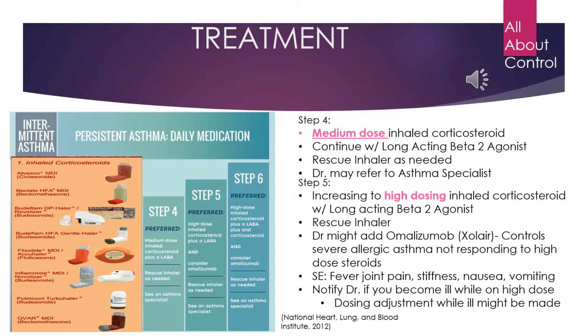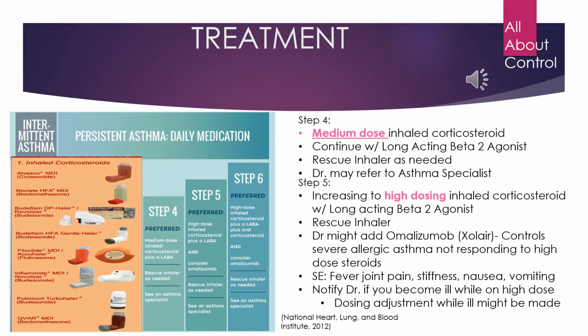Then moving to step 5, again, symptoms are getting even worse. Certainly a very concerning factor. So at this point, we've now increased the corticosteroids to a high dose corticosteroid.